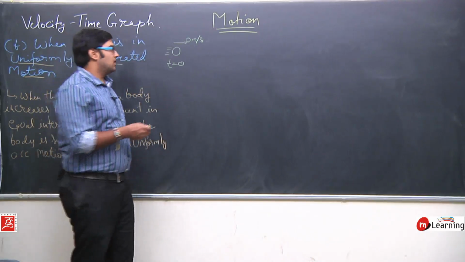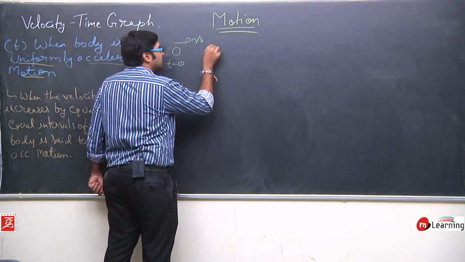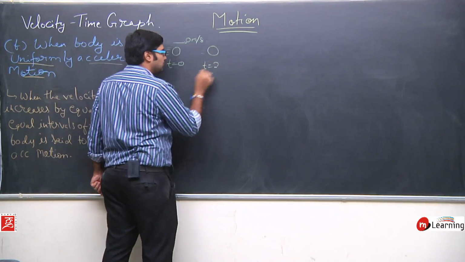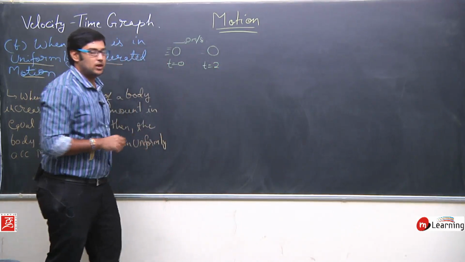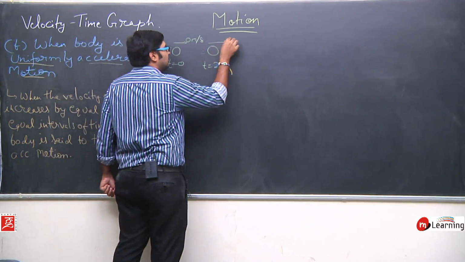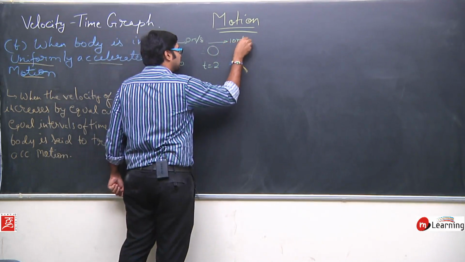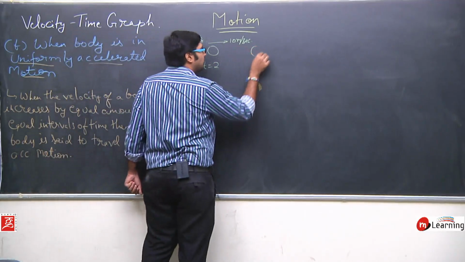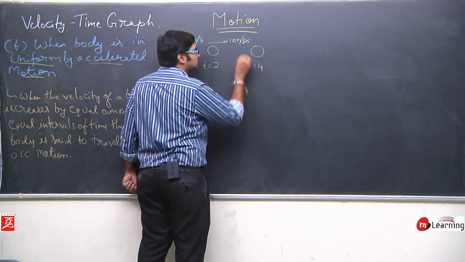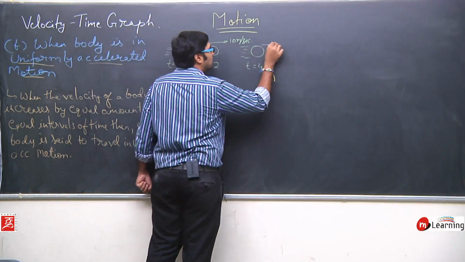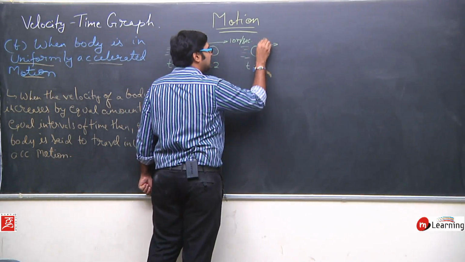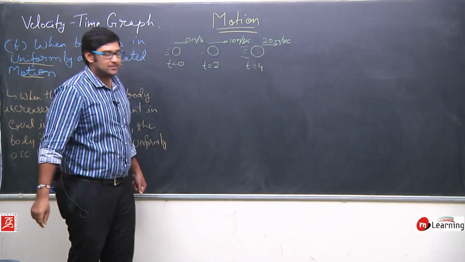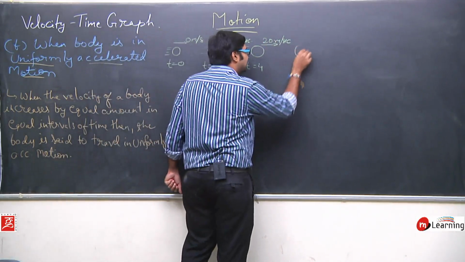After some time, let's say after 2 seconds, t equals 2, when I saw the ball, it is traveling with the velocity of, let's say, 10 meters per second. After 2 more seconds, that is t equals 4 seconds, the ball is traveling at 20 meters per second.